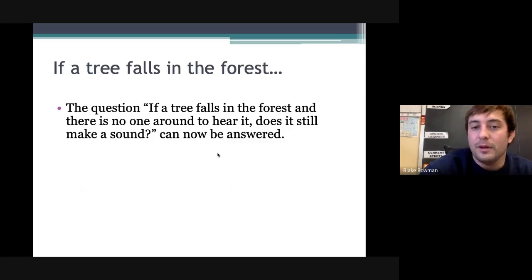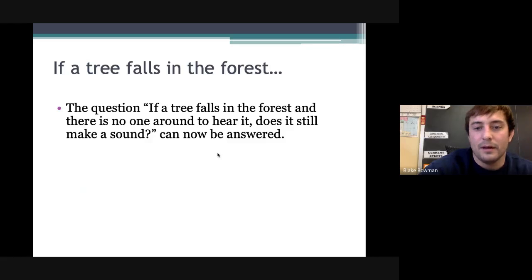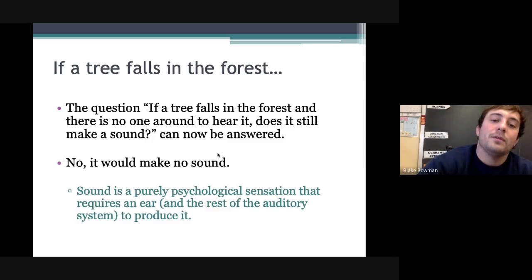The only reason is because there's no one around to hear it. So let's say there's no one around to hear the tree fall in the forest. Let's say we're all in school, and a tree falls way out in the distance. The only way we would know it is if we walk up to the forest and see it laying there, and think, that must have fallen. But does it make a sound? The answer is no, because sound is auditory processing.